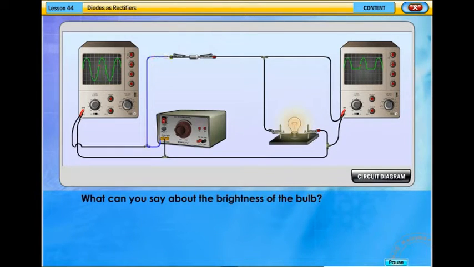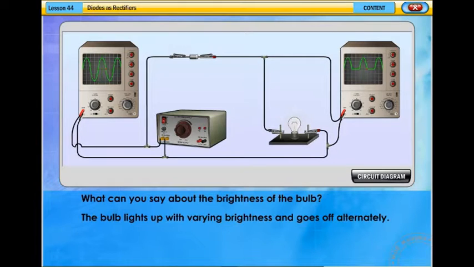What can you say about the brightness of the bulb? The bulb lights up with varying brightness and goes off alternately. Why?